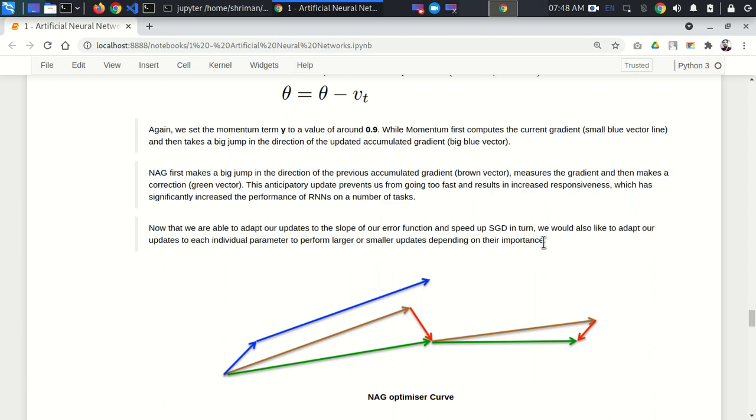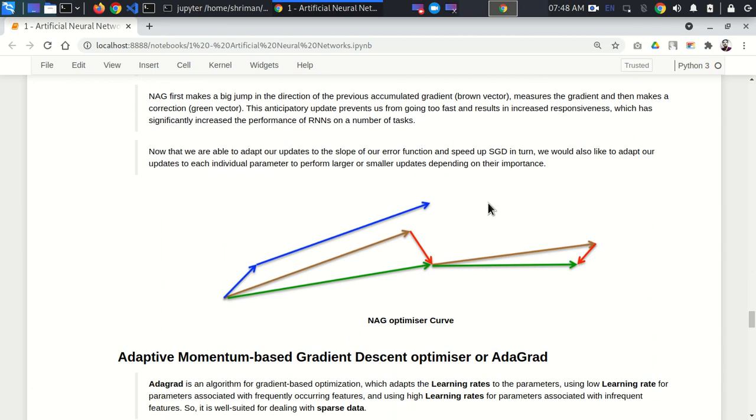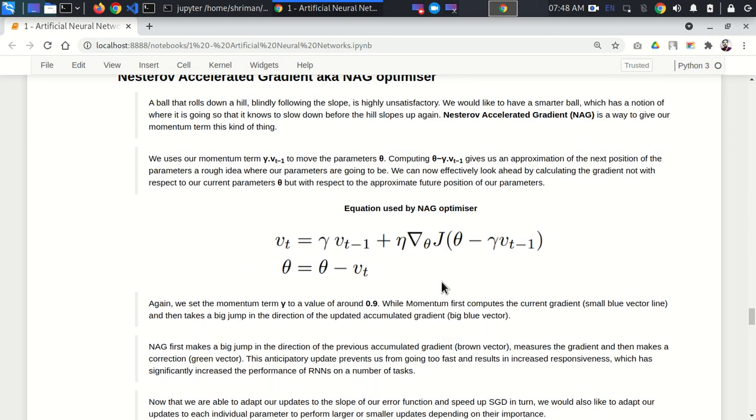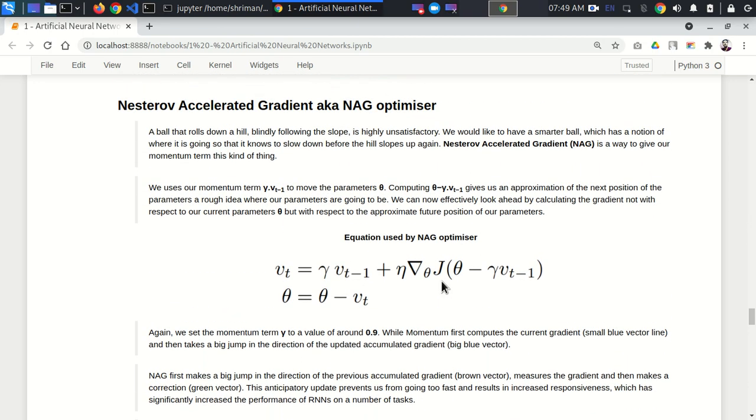So again, these things are fine, and in this way your NAG optimizer is going to work. So try to keep this particular equation in your mind, and how this NAG is going to work. Remember this particular concept, right? Again, people are not going to ask about this NAG optimizer, but if there is a question, we just go in this way.